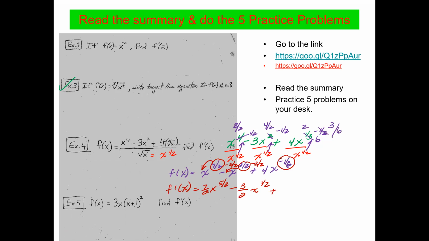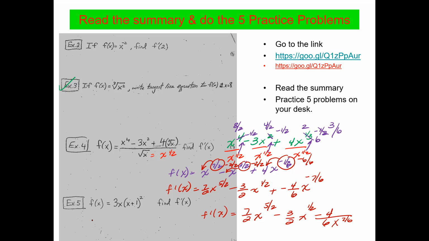Plus, bring the negative 1/6 down, so you have a negative 4/6, x to the negative 1/6 minus 6/6, which is negative 7/6. So then if I were to rewrite this, I will have 7/2 x to the 5/2 power, minus 3/2 x to the 1/2 power, minus 4/6 x to the negative 7/6 power.